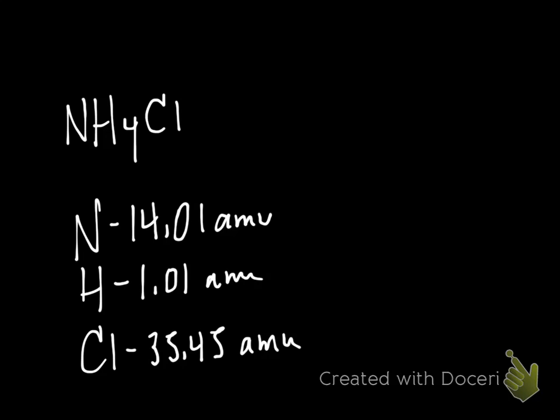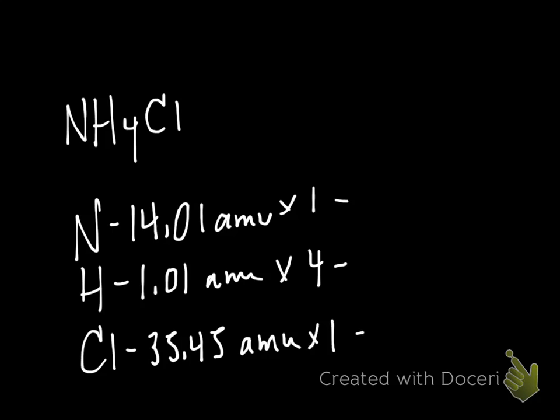You will be astounded at how many of those you know right off the top of your head by the time we get through chapter 9. Somebody will say nitrogen, you'll go, oh, 14.01. Carbon, 12.01. Really, it happens. So now I want to multiply by how many of each of these things we've got. Well, that's 1, that's 4, that's 1.